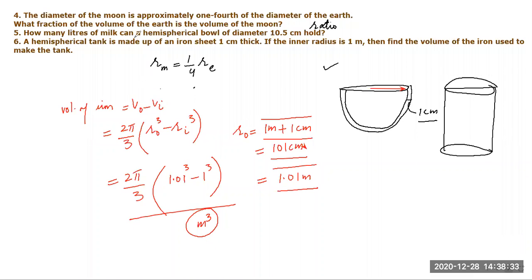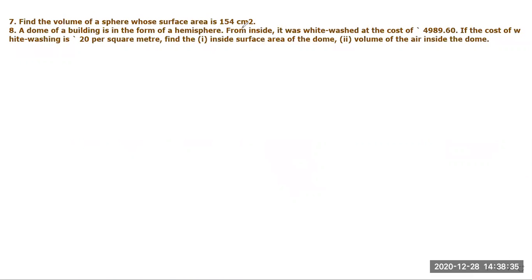Don't worry. Let's try. Find the volume of a sphere whose surface area is this. Simple. Surface area of the sphere is 4 pi r square, equal to 154. So r square would be equal to 154 divided by 4 into 22 multiplied by 7.